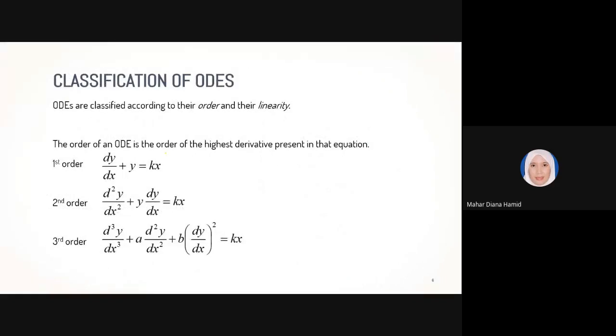So ODEs are classified according to their order and their linearity. The order of an ODE is the order of the highest derivative present in that equation. For example, in the first equation, we see it is a first order ODE because the derivative here is of the first order, while if we look at the second equation, the highest derivative is of the second order.